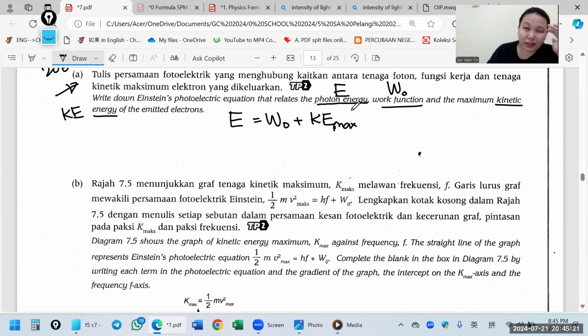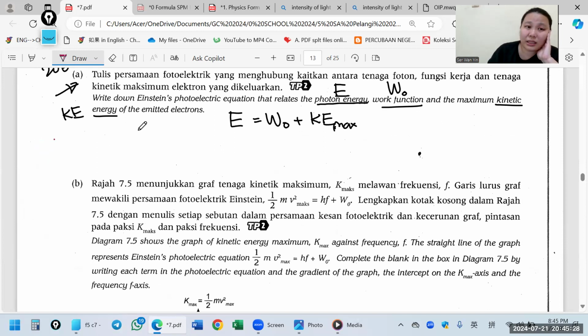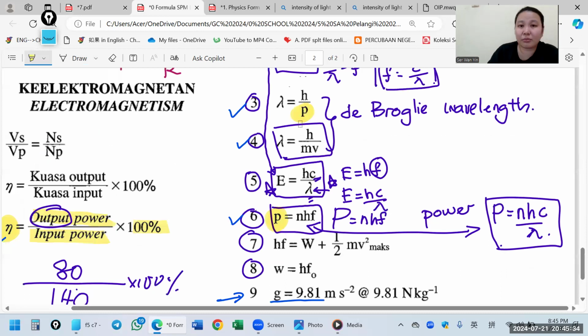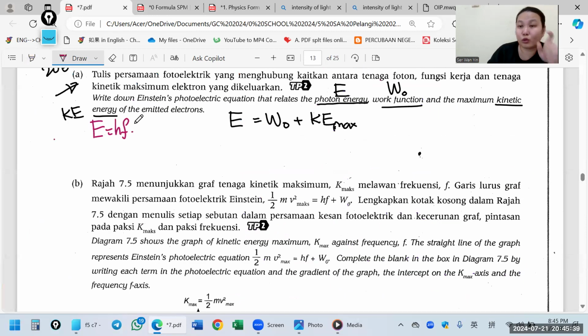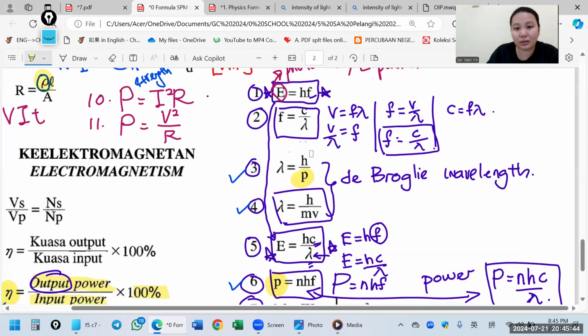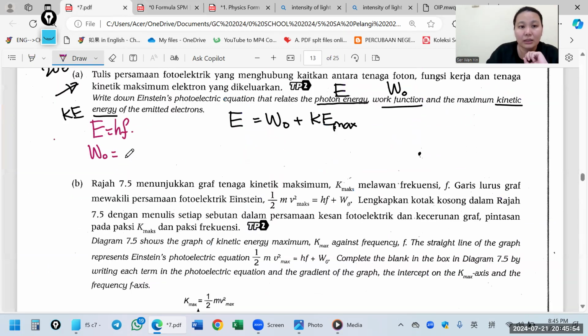If we want to write it properly, E equals HF from your formula number 1. Photon energy is HF. The work function is here, number 8. They do not put a note; I advise you to put a note: W naught equals HF naught.